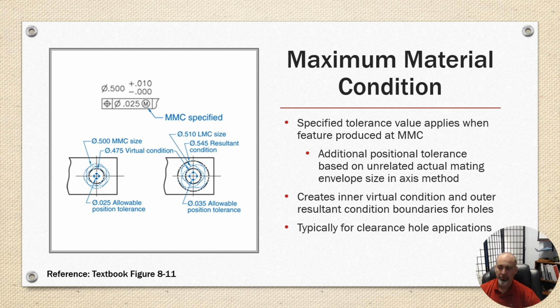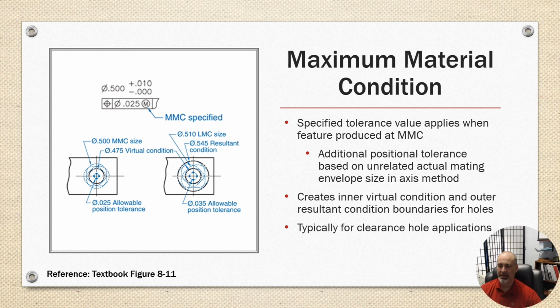So in practice, what I have seen happen is, and I'll repeat it again on another slide that probably makes it a little more concrete, machinists want all the bonus they can. So when they interpret a tolerance like this, a half inch plus 10 minus 0, they get more bonus on the accuracy of where the positions of the holes are if they make them as big as possible.